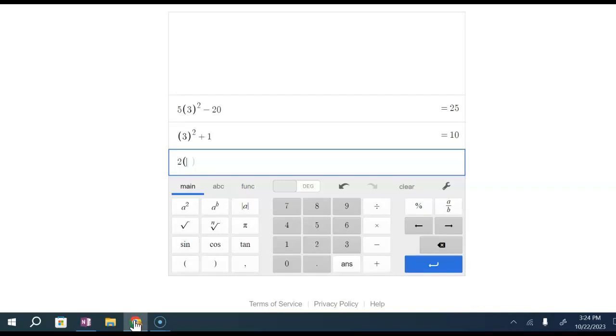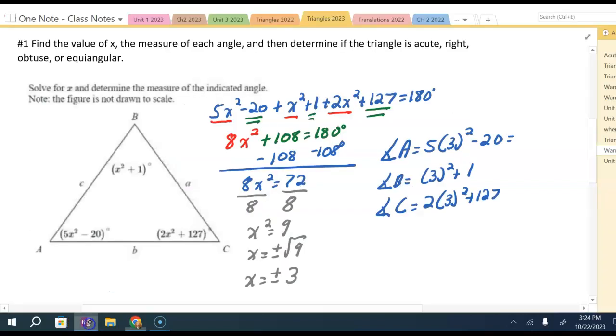And angle C is 2 times 3 squared plus 127, which is 133. Looks like I forgot to type in the square, so let me retype that. 2 times 3 squared plus 127. So angle C is 145 degrees.